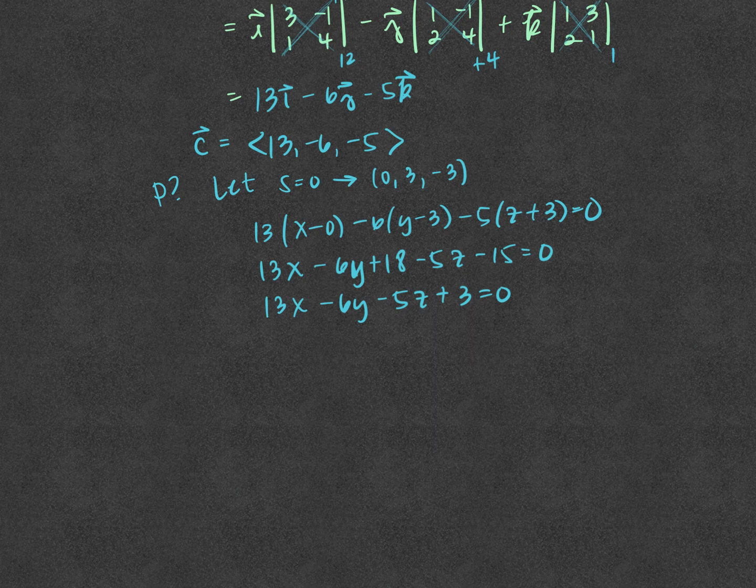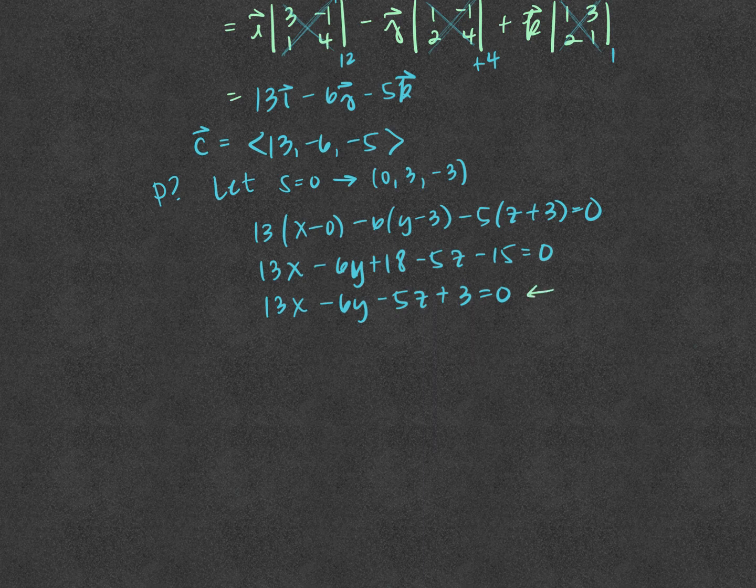Now we used s equals 0 to find a point, to find our equation. So what we have here is the equation of the plane, with the normal vector and a point on s. So what we need now is a point on t, because when we find our distance, we need a point on one plane and the distance to the other plane.